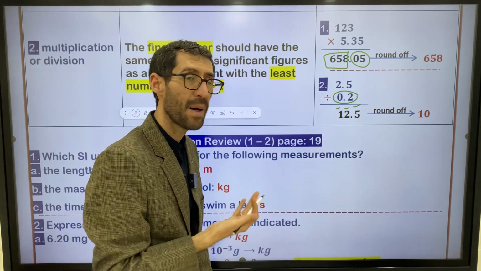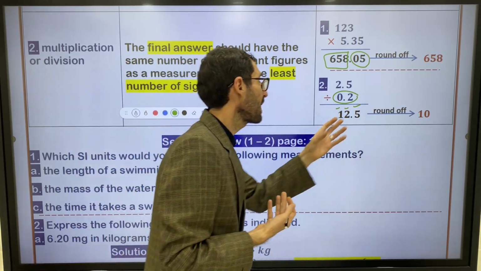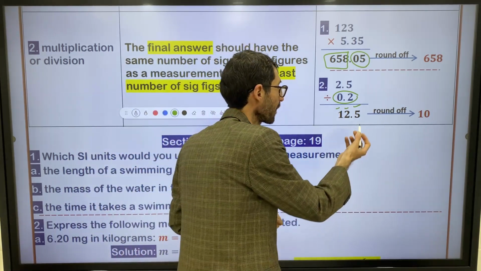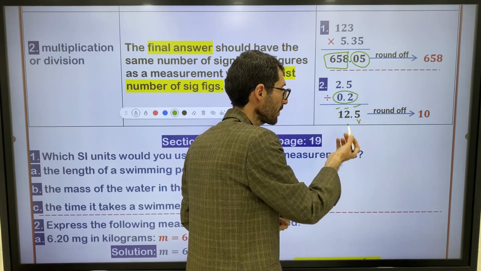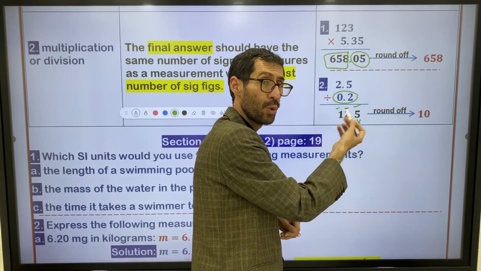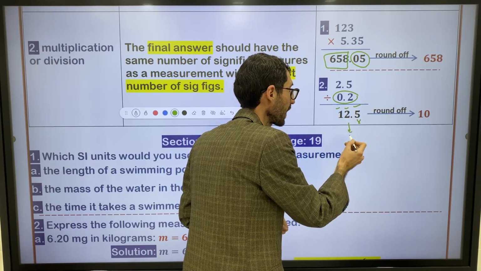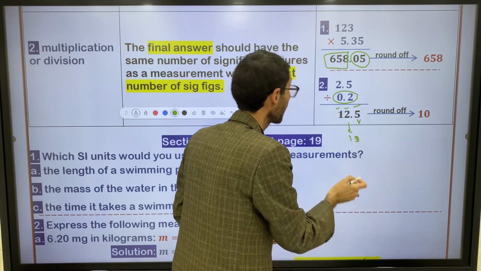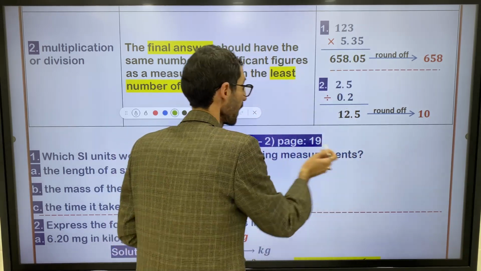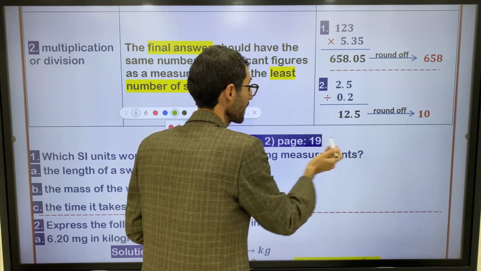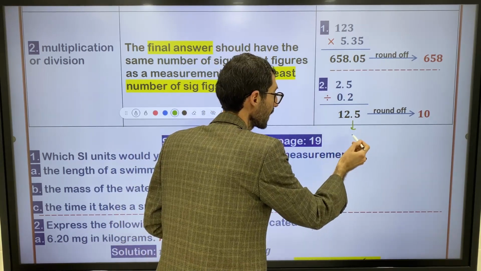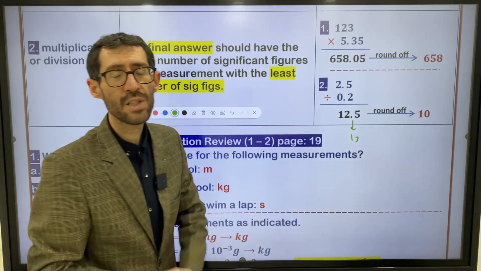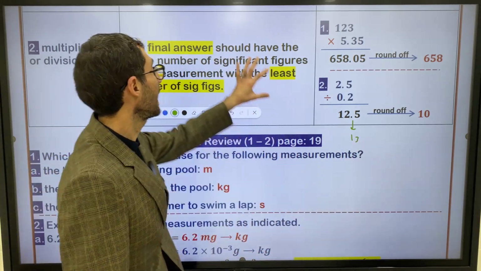So how is it possible? What happens to the result? If I drop this one and add 1 to the 2, it will be 13, right? If you say the answer is 13, your answer is wrong because you didn't obey the rule.